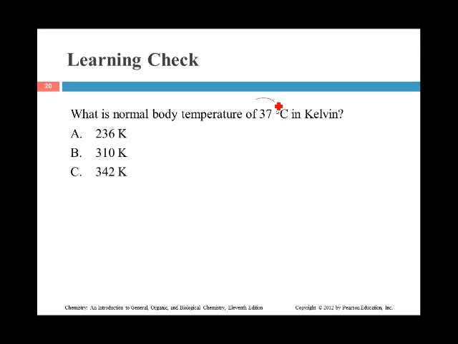Alright, so normal body temperature is 37 degrees Celsius. We want to know what it is in Kelvin. So Kelvin is equal to degrees Celsius plus 273.